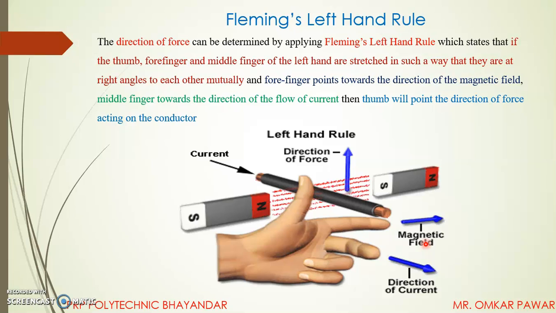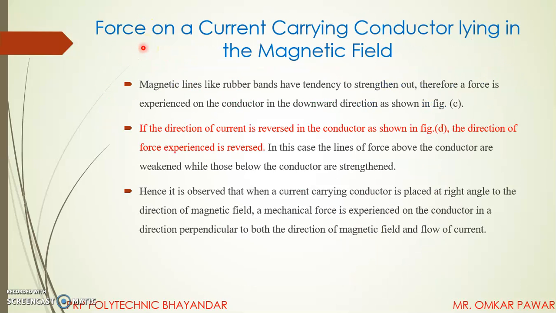If we know these two, the direction of magnetic field and the direction of current, then the thumb represents the force acting on the conductor. So this is how we know in which direction the force is created.